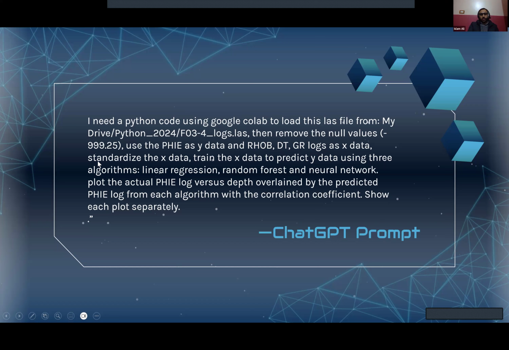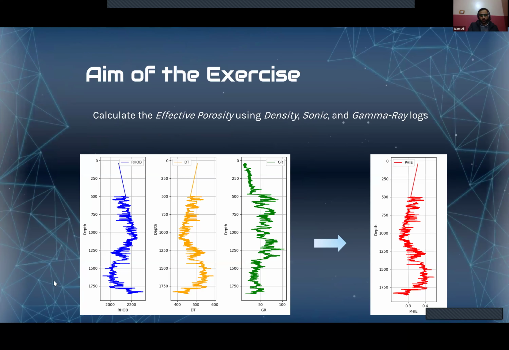And I want to do standardization, and by that we mean that I ask ChatGPT, before running the algorithm, to make the data at the same level. I mean, look at the data we have here. You have a porosity range that is different from the delta T range, that's different from the gamma ray range.